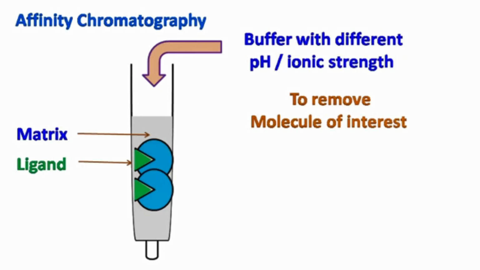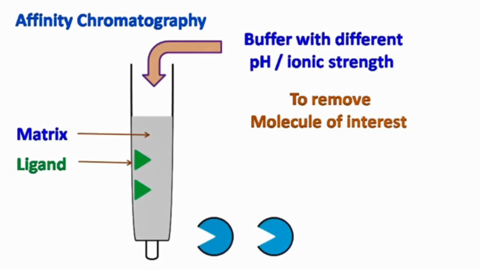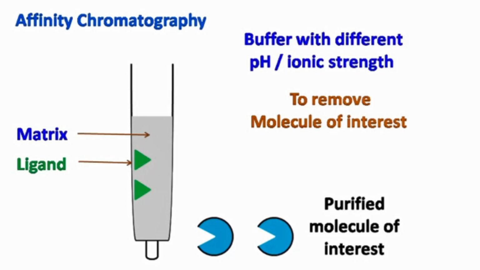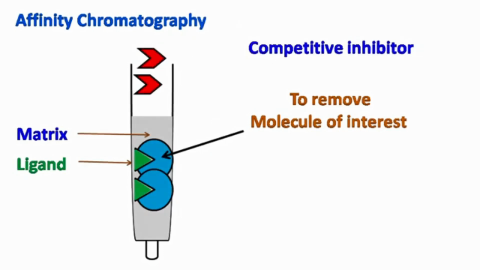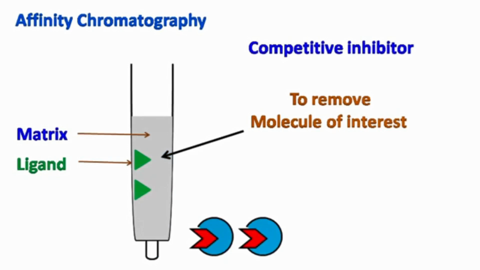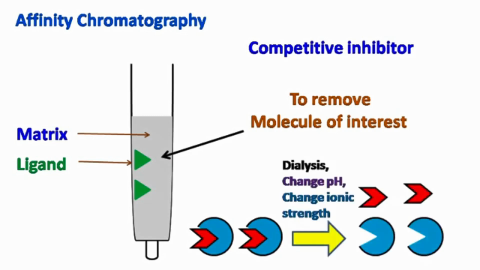This finally releases the molecule of interest from the ligand and the molecule is obtained in pure form. The molecule of interest can also be detached from the ligand by using a competitive inhibitor, which can further be removed by dialysis or by changing the pH or the ionic strength.